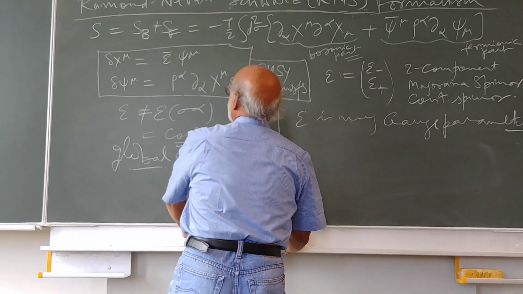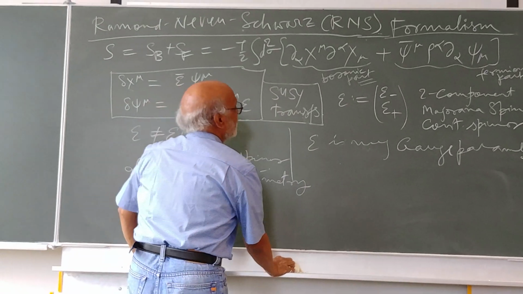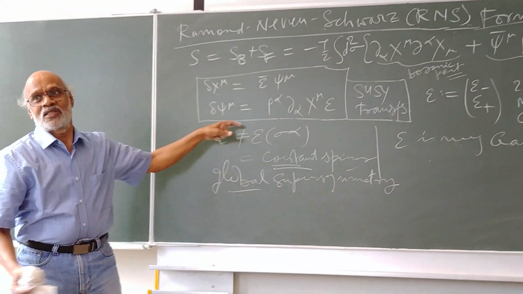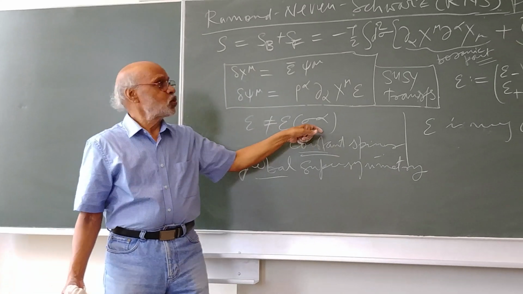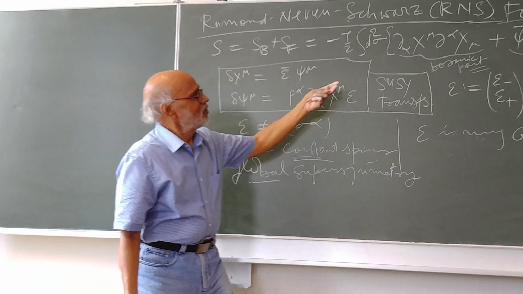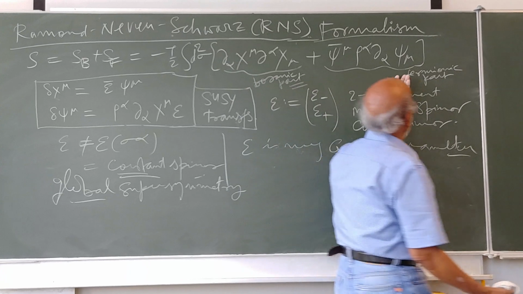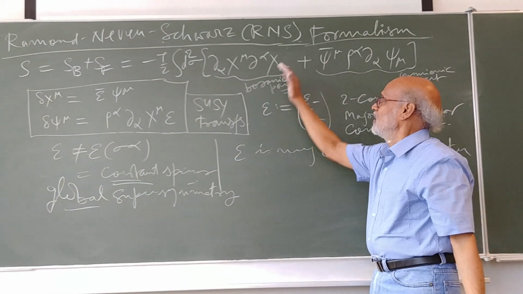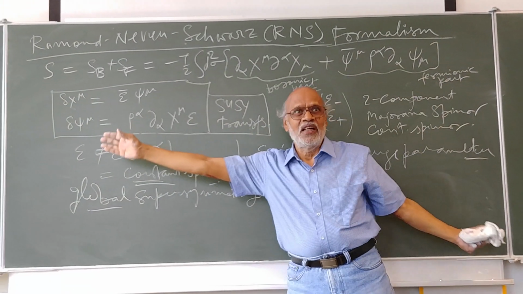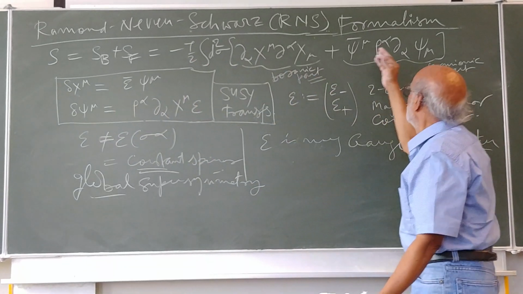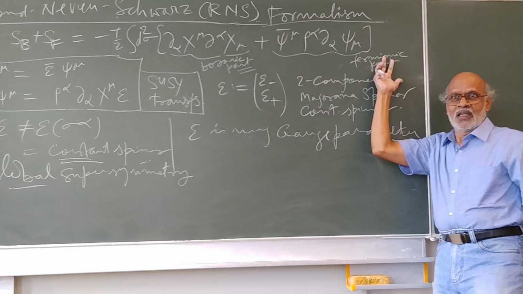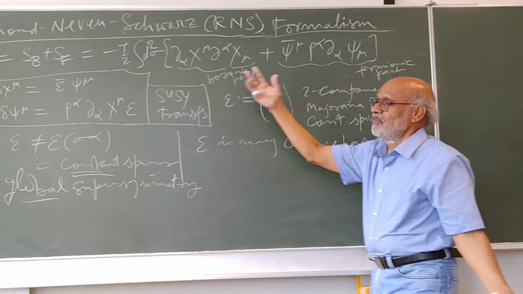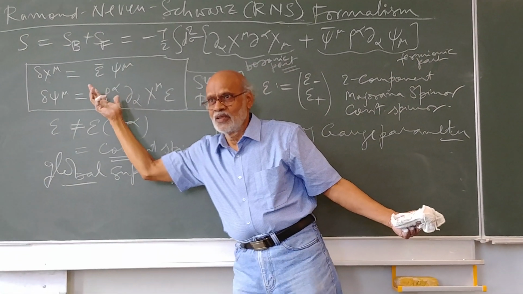So that's fine. Without the supersymmetry transformations, these are two fields. Without this term, this is a free field theory of fermions. This is a free field theory of bosons. Okay.